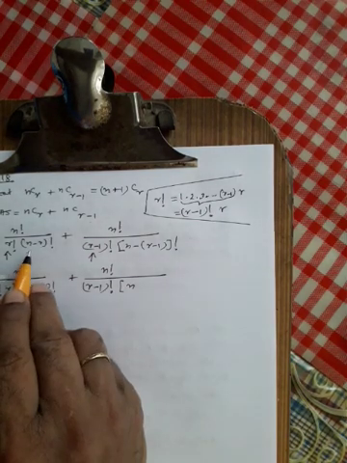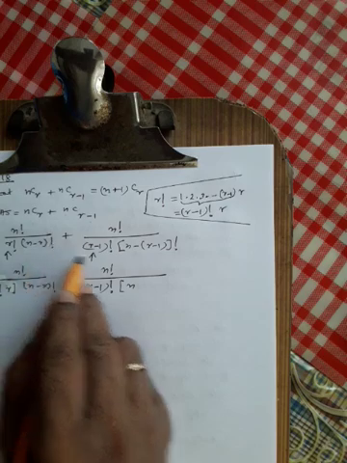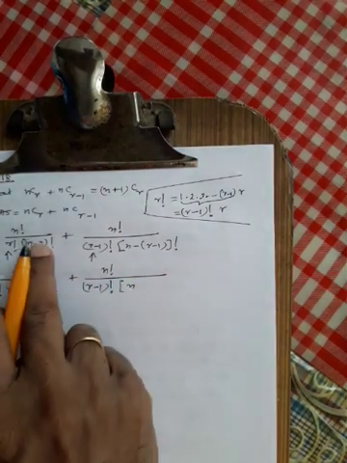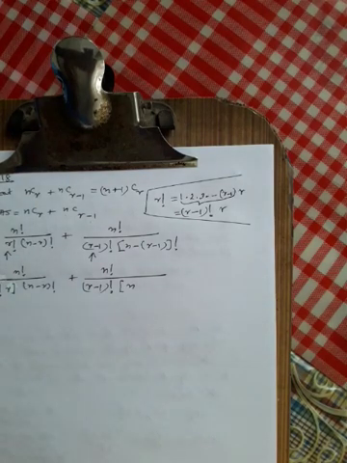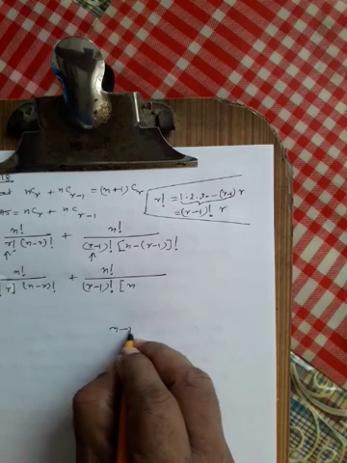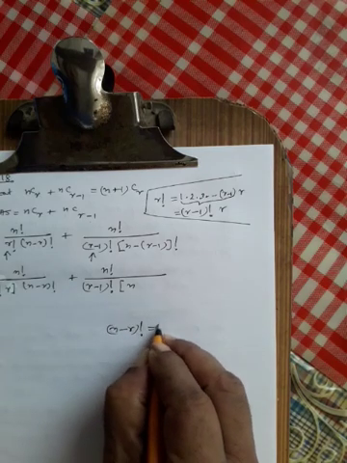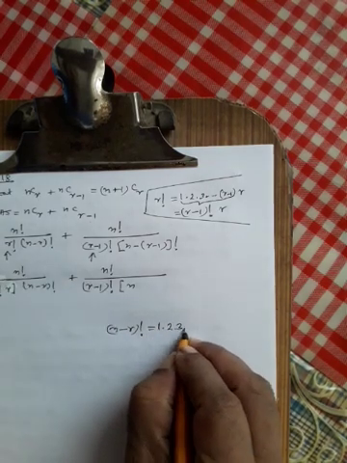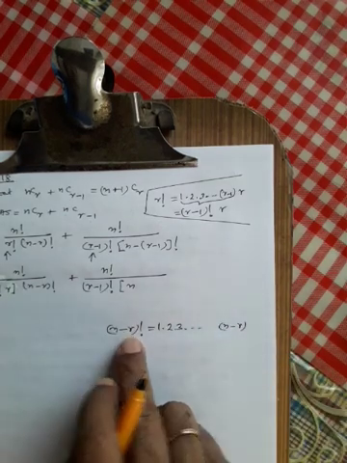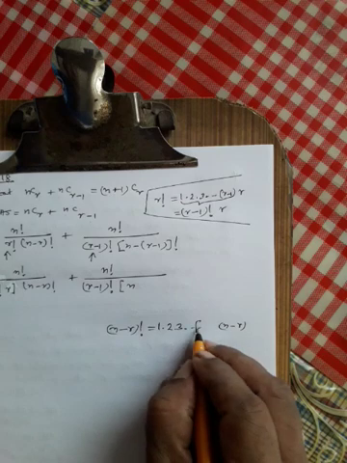And here, if you see, (n minus r minus 1) factorial. What is (n minus r) factorial? It is 1 into 2 into 3 up to n minus r. What is the term previous to this one?